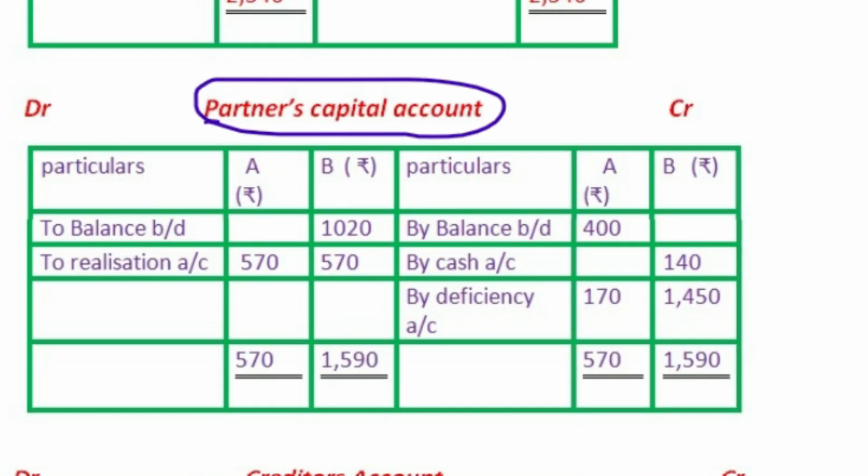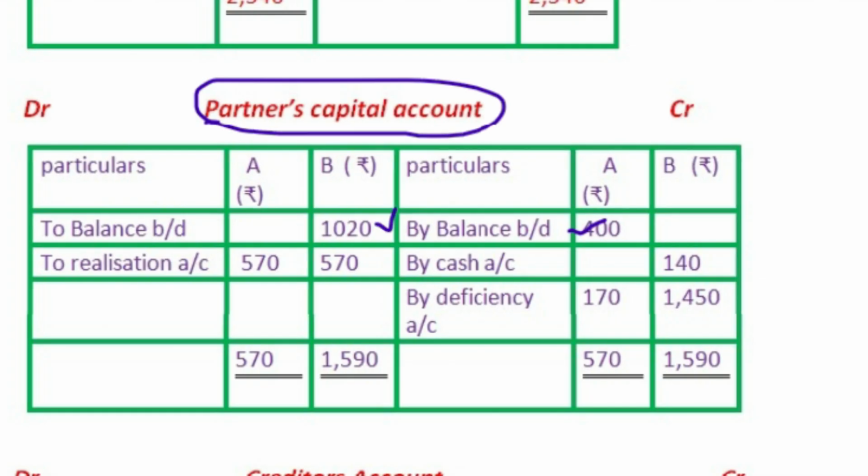In the given question, on the liability side of the balance sheet, partner A's capital is showing 400 rupees, and partner B's capital, showing 1020, appears on the asset side. A liability-side amount goes to the credit side of the partner's capital account, and an asset-side amount goes to the debit side, as a balance brought down. This is 1020 given in the question.